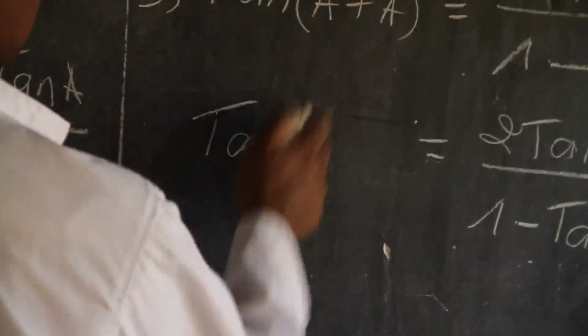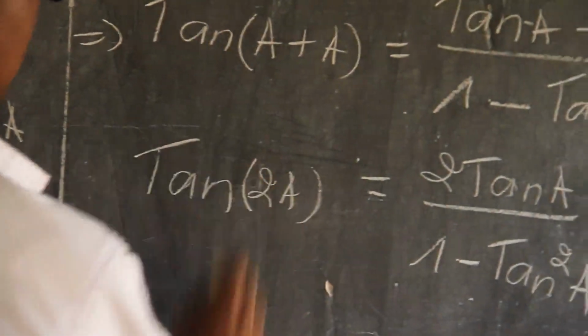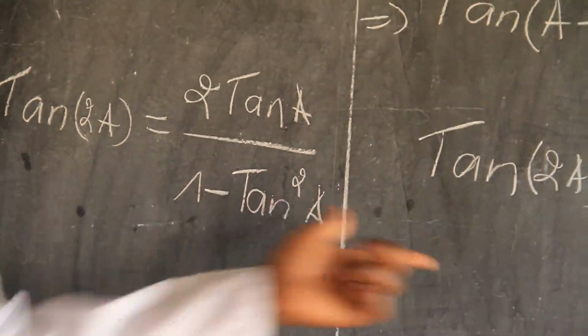That's why I've said that tan 2A, because this is 2A, is this. So you see that it is proved.